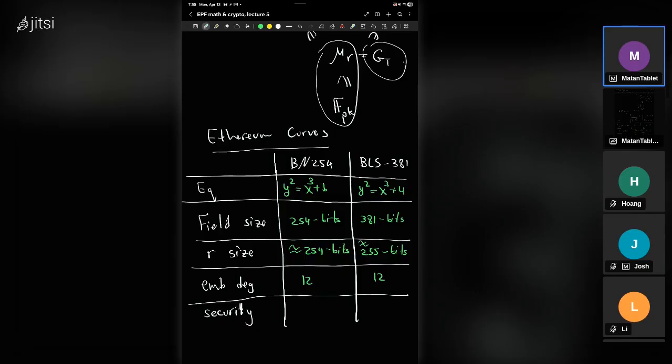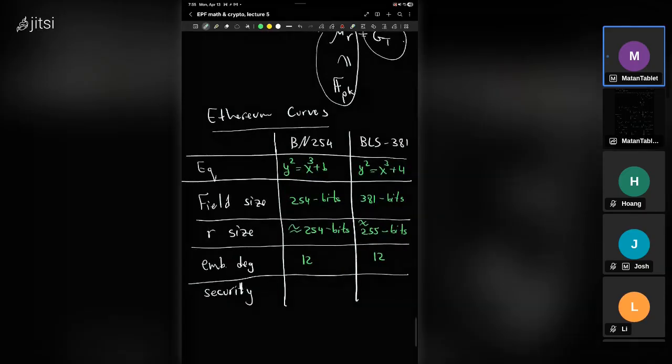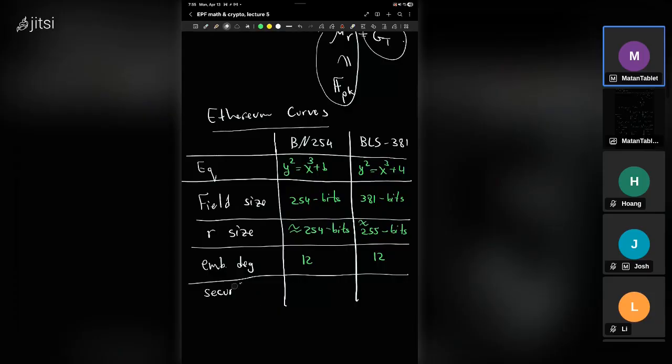However, I forgot. We need to say the size of F_p^k, because we land in F_p^k.